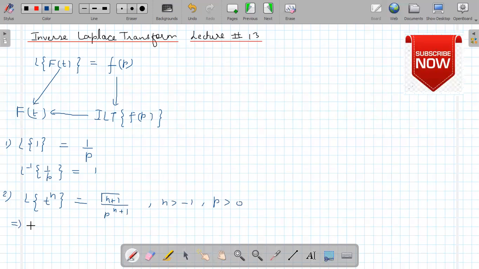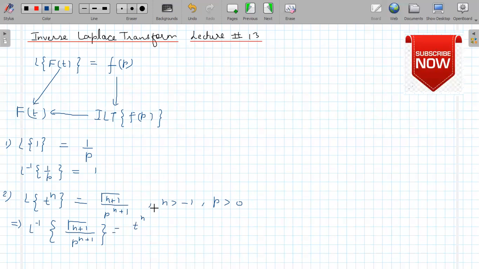That means inverse Laplace transform of gamma(n plus 1) divided by p^(n+1) will be equal to t raised to the power n, right? You can also write it as Laplace inverse of 1 upon p^(n+1) is equal to t^n divided by gamma(n plus 1).